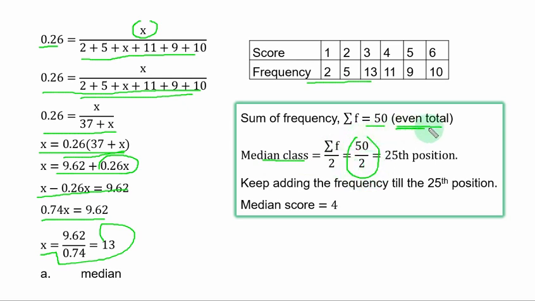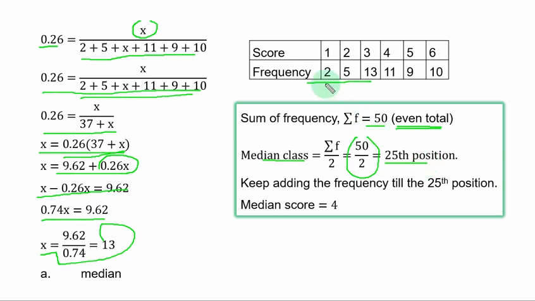If it is an odd total, to avoid a decimal number, you add 1 to it so that 2 can divide it. If you divide 50 by 2, you have the 25th position. In other words, to get the median score, you keep on adding the frequencies until you get to the 25th position.